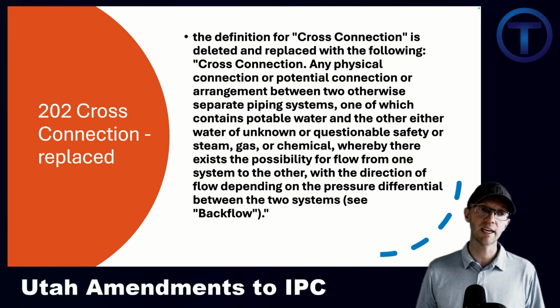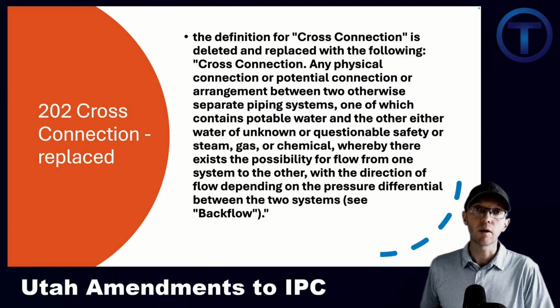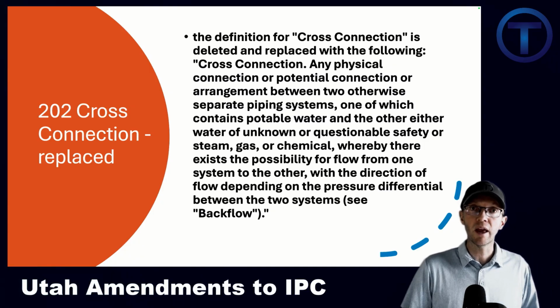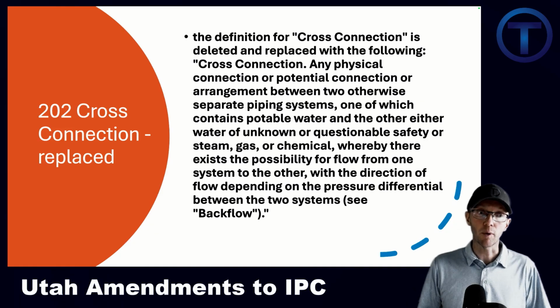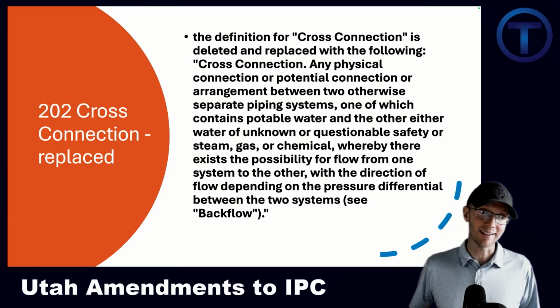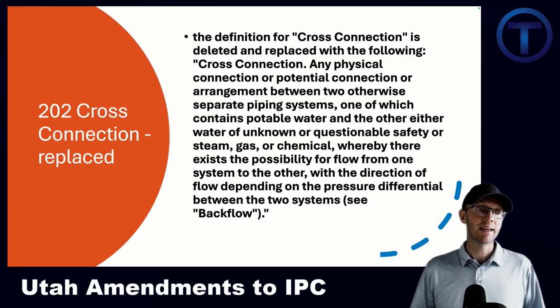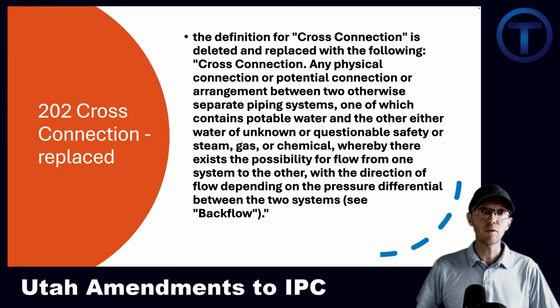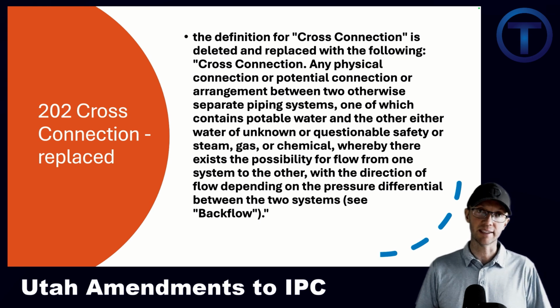Okay, what is that really saying? We have potable water. We want to protect it. There are a lot of things that we might connect pipes to that would contaminate our potable water, and we don't want that. So any connection of any kind, I mean, that could be to drains, it could be to steam, gas, chemical, mechanical, whatever it is, we have to protect it.